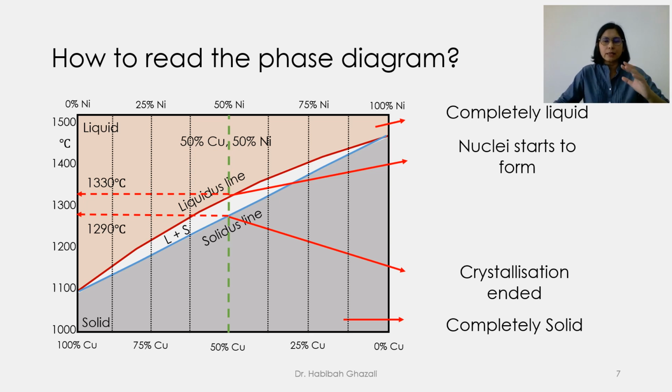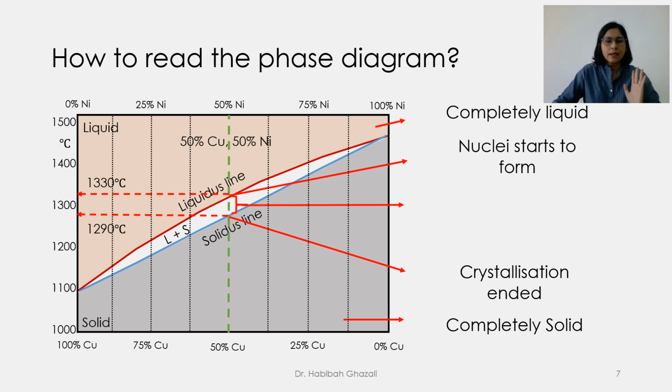So by knowing this, you can save energy by not putting it at too high a temperature. You know that, okay, I will stop the furnace at 1330 degrees Celsius. This is where it will end my melting process.